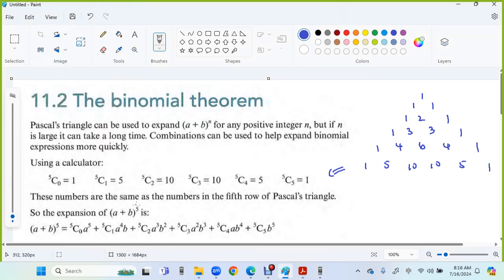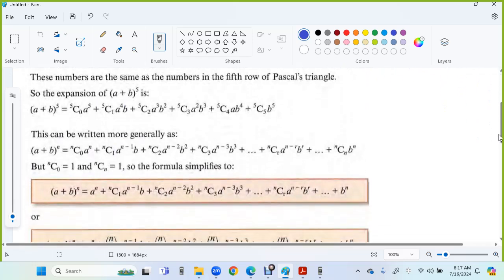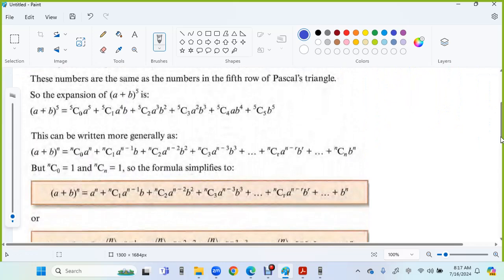So (a plus b) to the power 5 we can write as 5C0 a to the power 5, 5C1 a to the power 4, 5C2 a to the power 3, 5C3 a to the power 2, 5C4 a to the power 1, 5C5, and then b to the power 0 up to b to the power 5, with b to the power 1, 2, 3, 4 in between. This we can generally write as nC0 a to the power n, nC1 a to the power n minus 1 b to the power 1, nC2 a to the power n minus 2 b to the power 2, nC3 a to the power n minus 3 b to the power 3, and so on until the last one, nCn b to the power n.